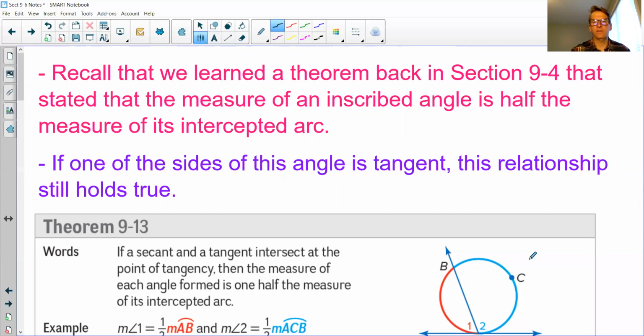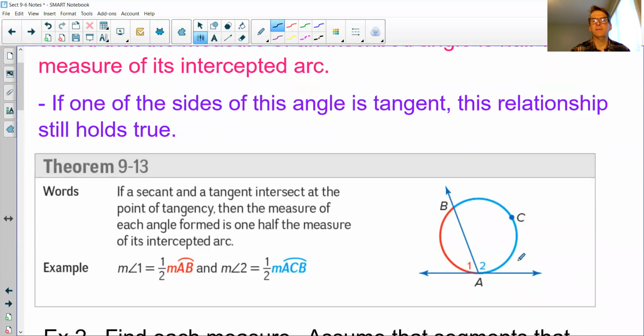Let's take a look at theorem 9-13. If a secant and a tangent intersect at the point of tangency, then the measure of each angle formed is 1/2 the measure of its intercepted arc. So for instance, the measure of angle 1 is 1/2 the measure of arc AB.